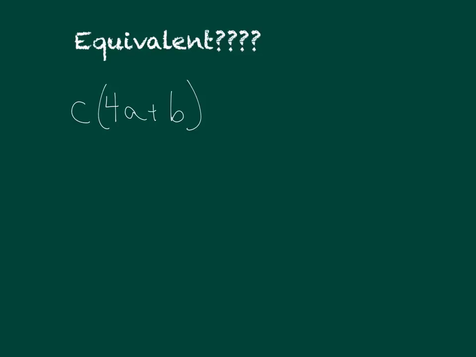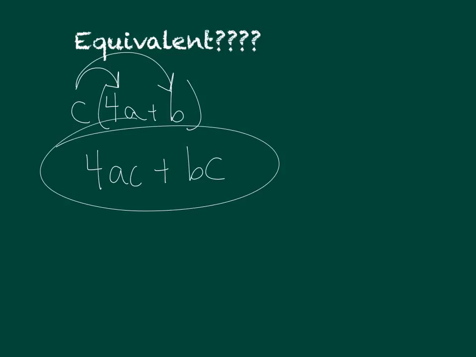In order to create an equivalent expression for this, all we're going to do is use the distributive property and distribute the c to the 4a and to the b, and we will get 4ac plus bc, and that is our answer. That is the equivalent expression to c times (4a plus b).